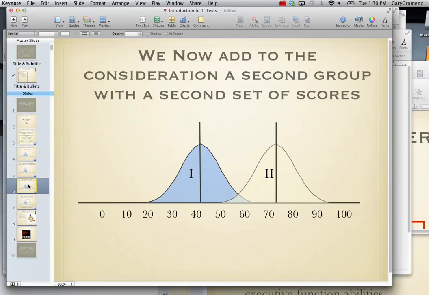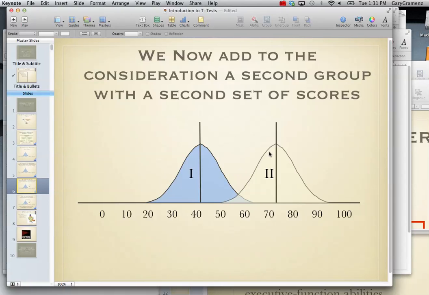Then let's say you gave the same assessment to another group and their mean score was higher than the other group. And again, some people scored less and some people scored more on that. Now notice it doesn't tell us necessarily the score of any one particular individual.